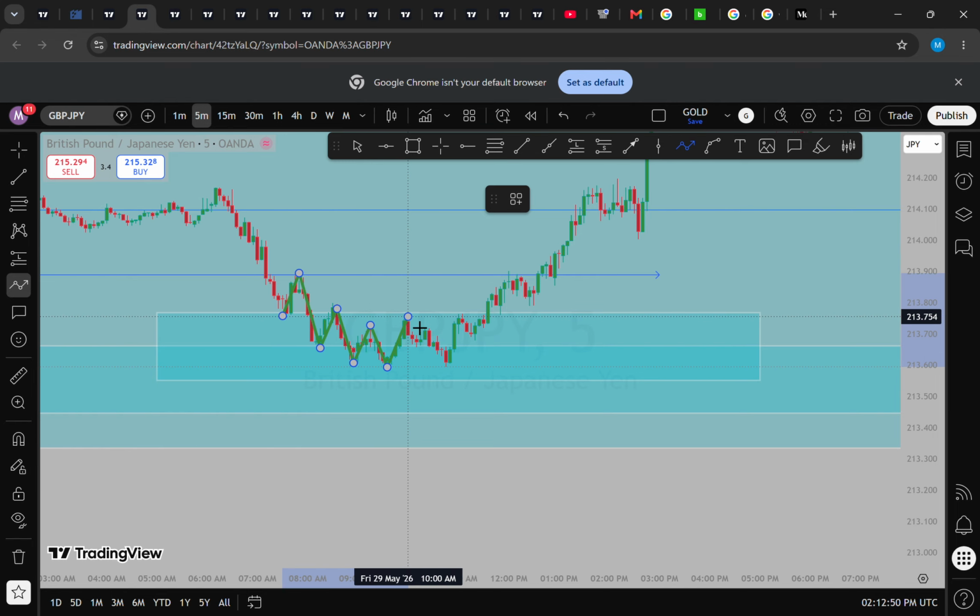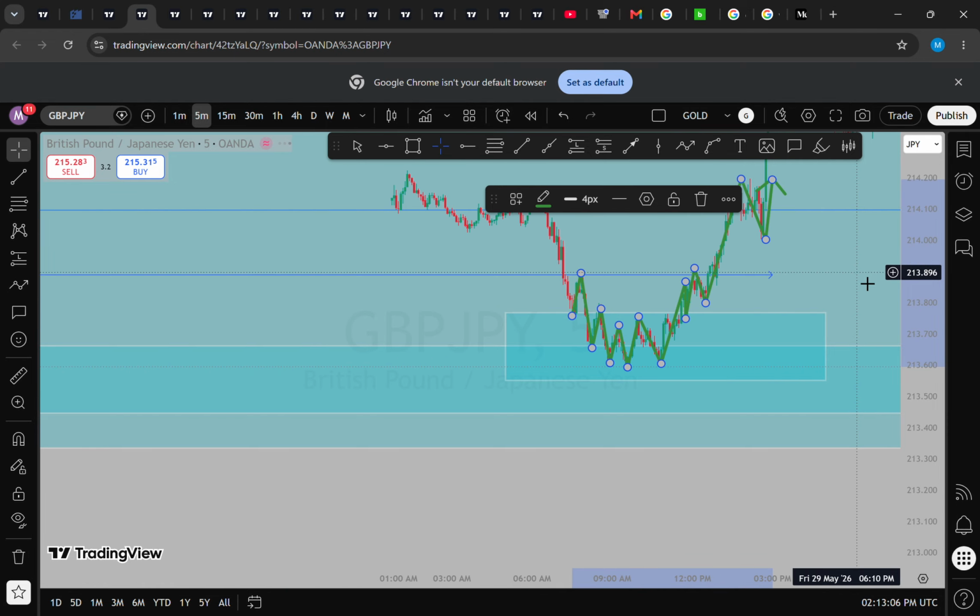We have this first change of character, then the second time. So we could have entered here, our stop loss behind here, then we are in profit.